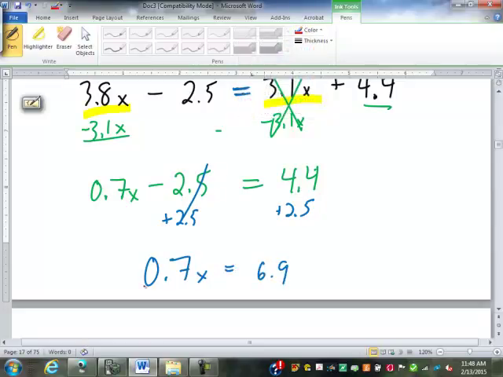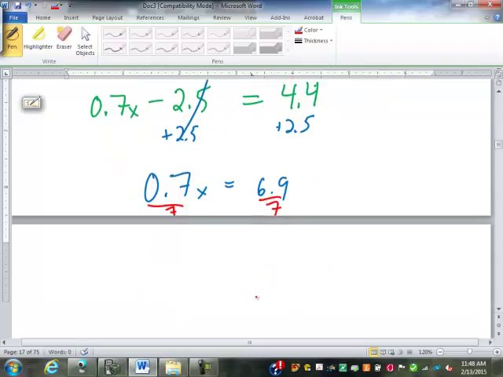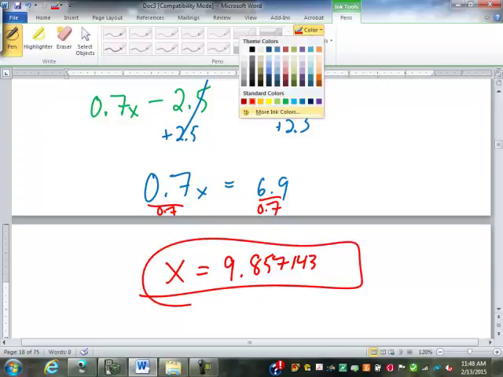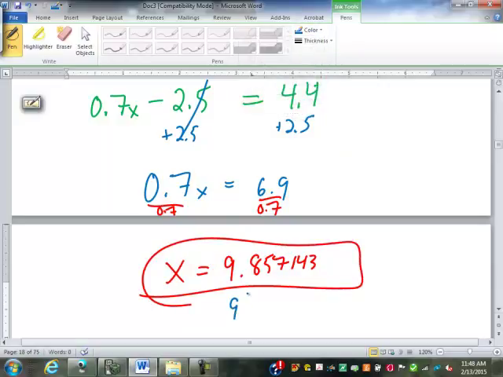And then we'll divide by 0.7. So x equals 6.9 divided by 0.7, which is 9.857143 approximately, or 9 6/7 if you want to look at it that way.